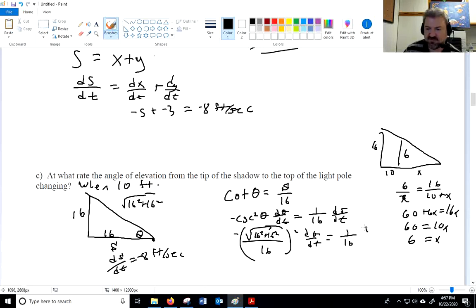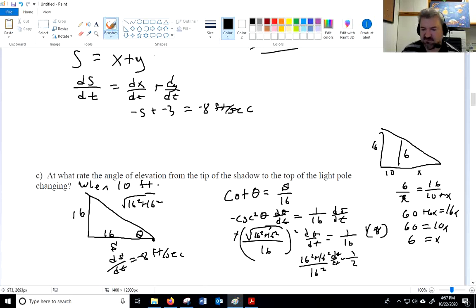And then what is this? ds dt, we found out what that was, right? That's negative 8. So this squared is going to cancel that. These two negatives are going to cancel. This is going to be just a 1/2. So this is 16 squared plus 16 squared all over 16 squared, d theta dt.